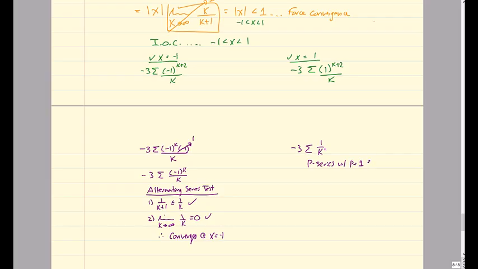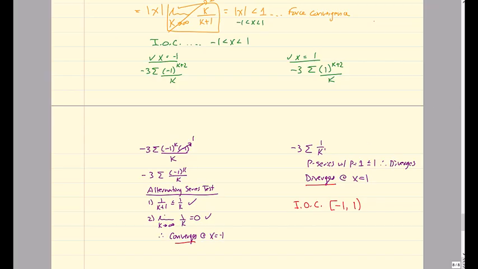If you look at your p series, when I have p less than or equal to 1, it diverges. So it diverges at x equal 1. So my interval of convergence then is negative 1 bracketed because I have convergence, 1 parenthesis because I have divergence on the right.